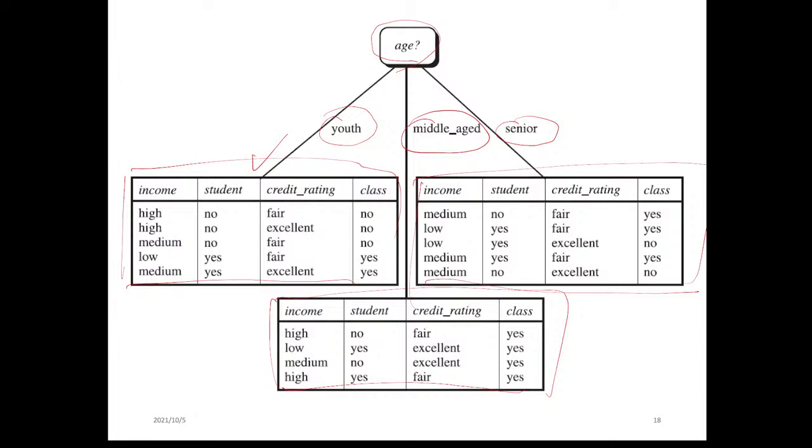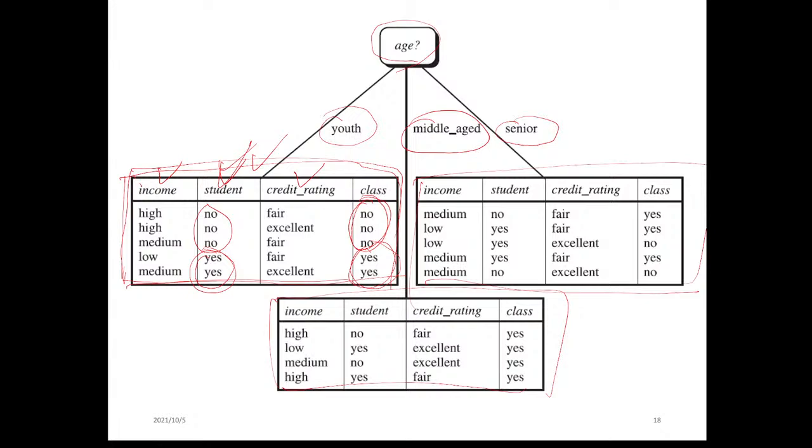Next, we need to consider, from these 5 people, which feature you should choose such that the result is the purest. This is simple, because by just observing the data set, I know that student will give you the purest result. If you are not a student, you won't buy the computer. If you are a student, you will buy the computer in this group.